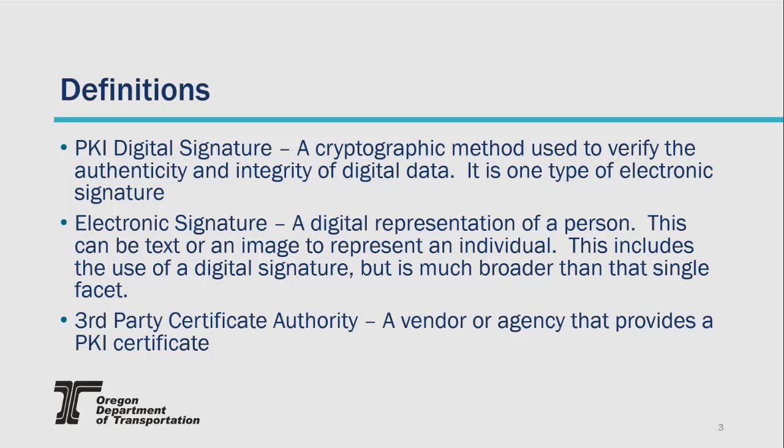Basically, just signing your name is enough to count as an electronic signature. And a third-party certificate authority is somebody that provides a PKI certificate to somebody else. So it could be a vendor, could be an agency. You might need to spend money on it. The agency might spend money on it, but that's what that is.